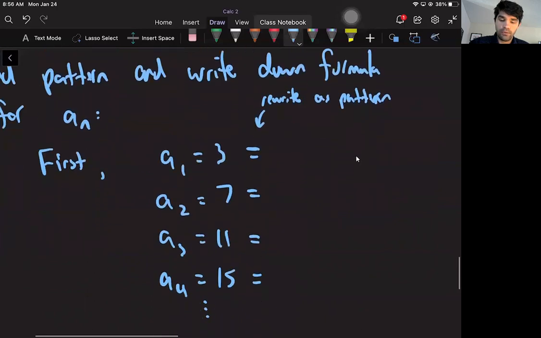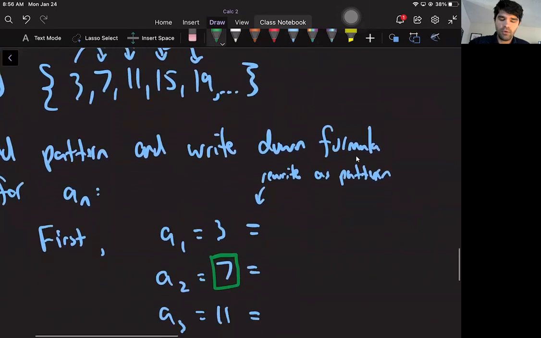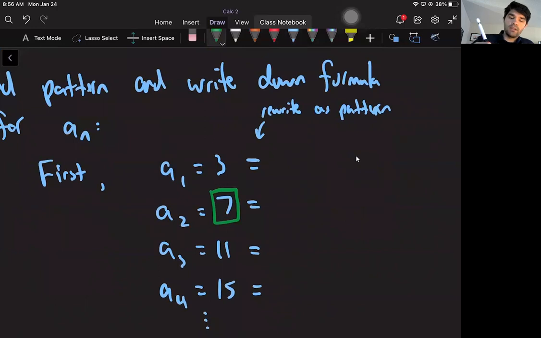So the first one is often hard to write. So maybe we skip to the second one and we think about how 7 is something plus 4. That's what we should think about, because the pattern is obviously just adding 4. So what is it plus 4? Well, it's really just 3 plus 4.